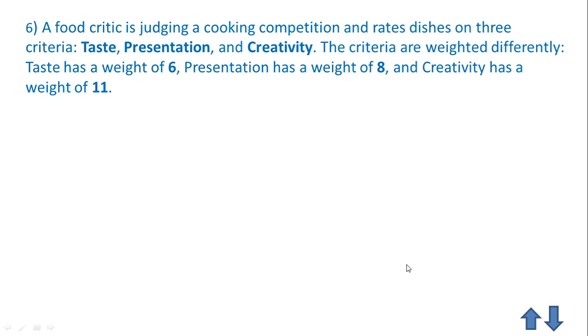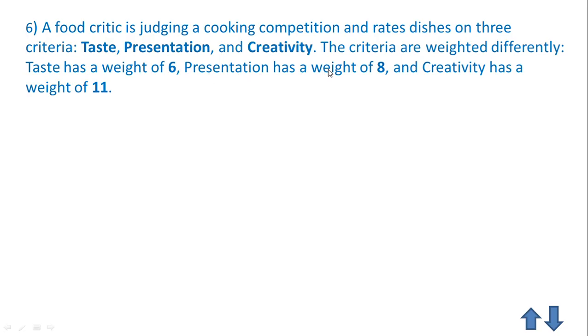Then another one, we have a food critic judging a cooking competition and rating dishes on 3 criteria: taste, presentation, creativity. The criteria are weighted. Taste has a weight of 6.